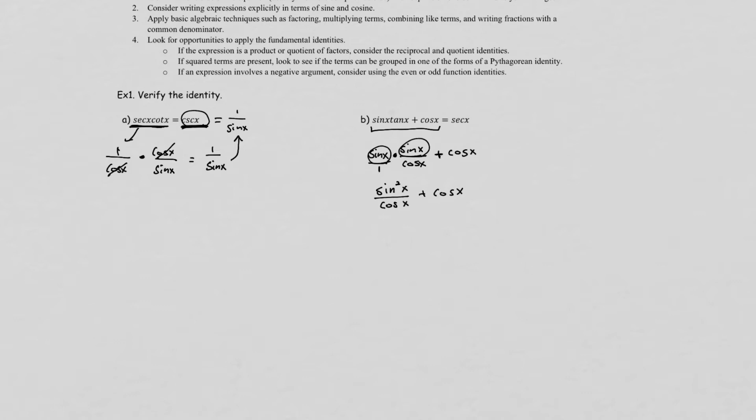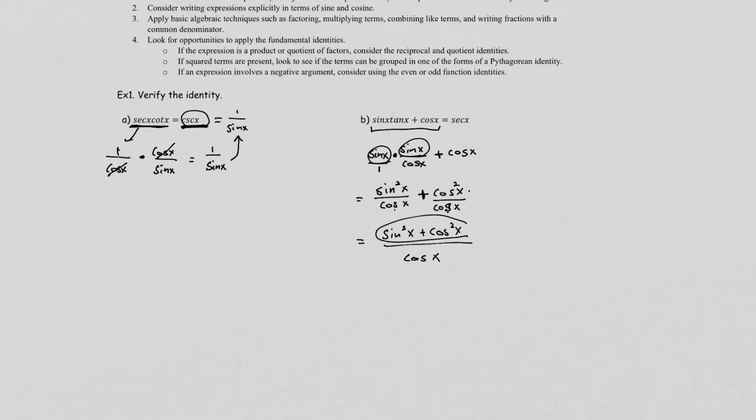And then what you want to do is these additions, right? In order to do the addition, you have to have the same denominator. So when you multiply this one by cosine x, you need to multiply this by cosine x, so this becomes cosine squared. And now you have the same denominator. To add the numerators, you have sine squared x plus cosine squared x over cosine x.